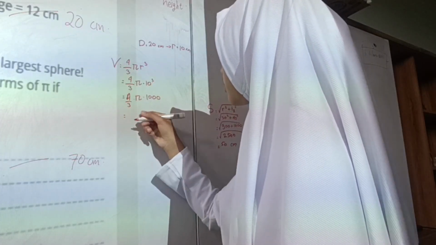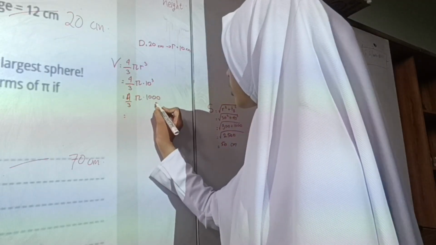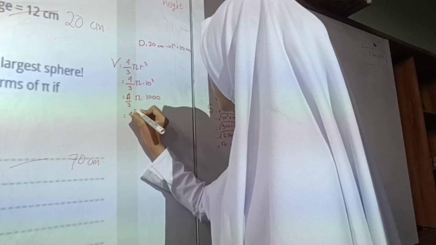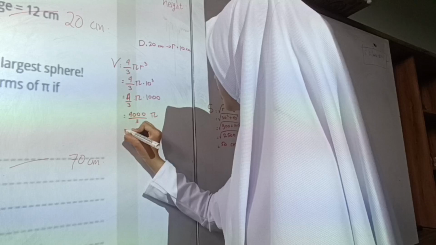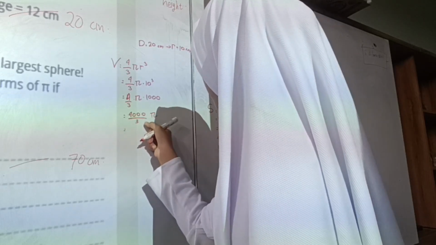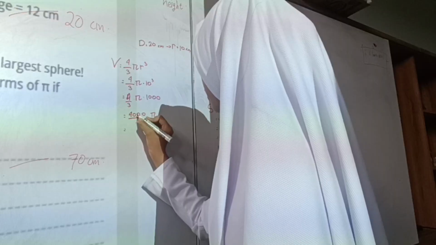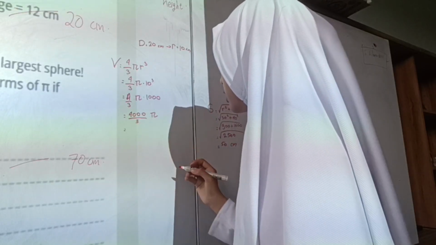And then we will times 4 per 3 with 1000, which is 4 times with 1000, which is 4,000, and we will divide it with 3. So we can divide 400 with 3, or we can divide 40 with 3 first.